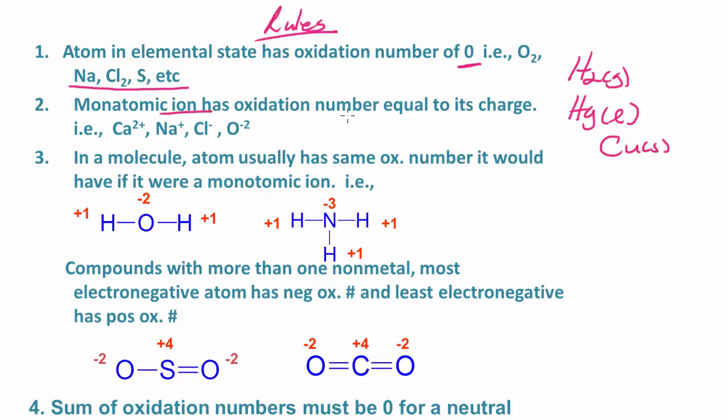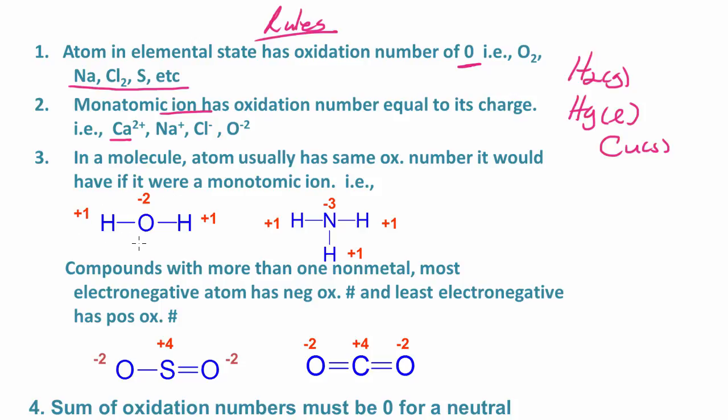Monatomic ions have oxidation numbers equal to their charge. So calcium ion has an oxidation number of +2. Sodium ion, +1. Chloride ion, -1, and so on. When it comes to molecules, it's a little different because, remember, there are no charges. So we treat the atoms as if they were monatomic ions.